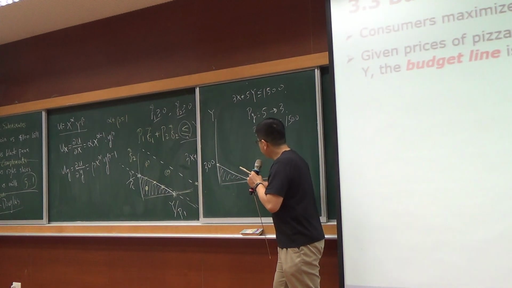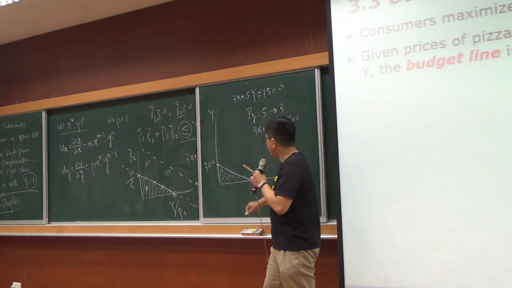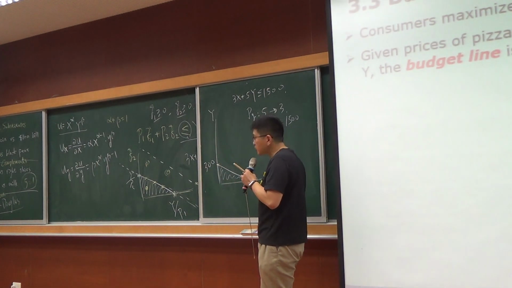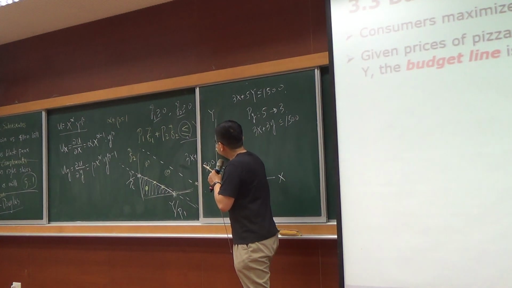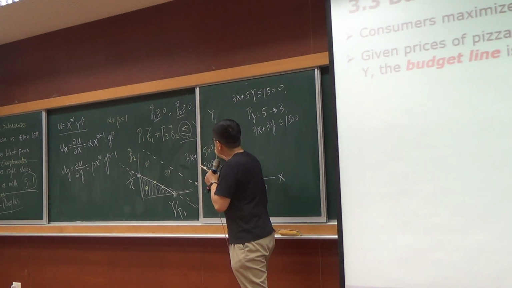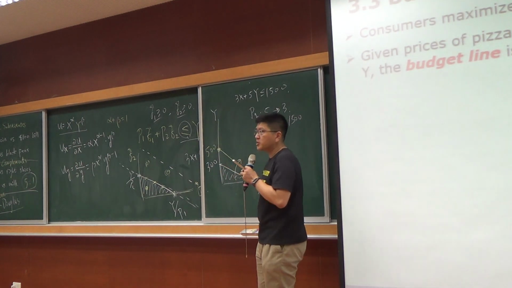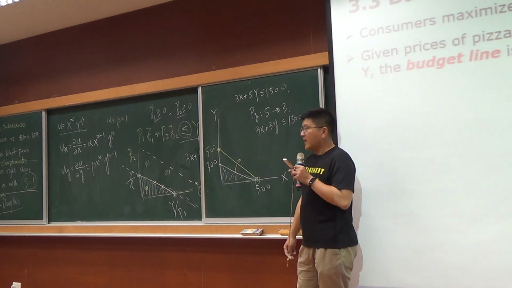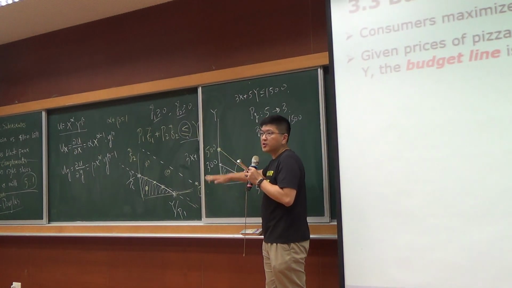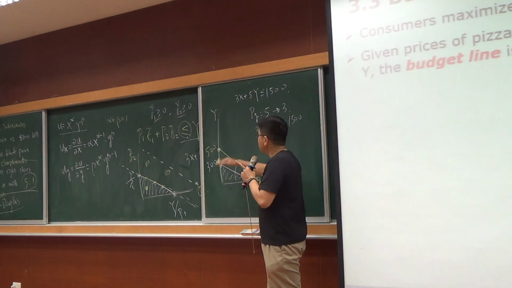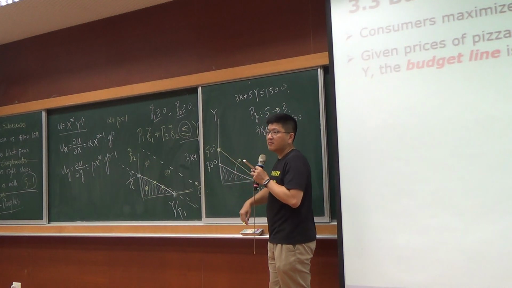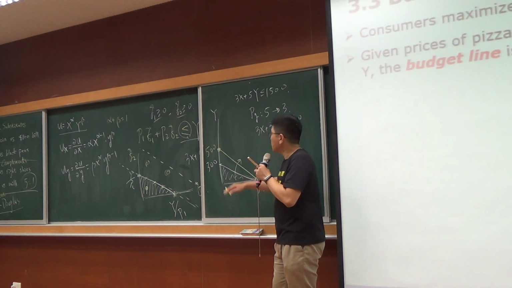It is still 500 units of X, and now it is 500 units of Y. This would be the new budget constraint. And you see it's a rotation outward, right?